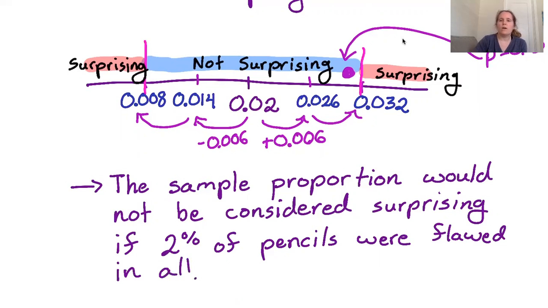All right, so that is checking if we have a surprising sample.